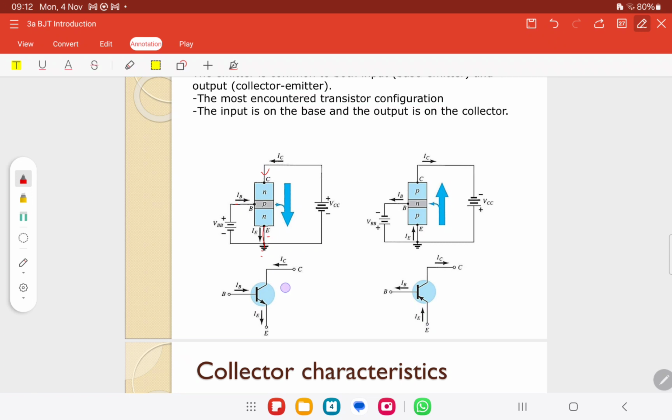In between here we have VCE. Here is VBE. Here is VCB.